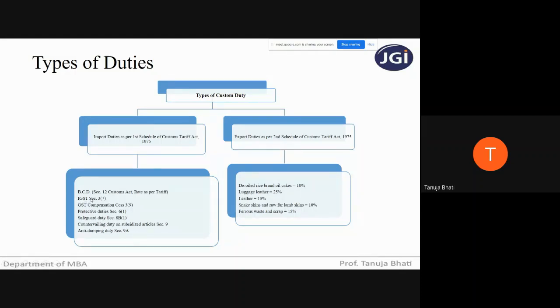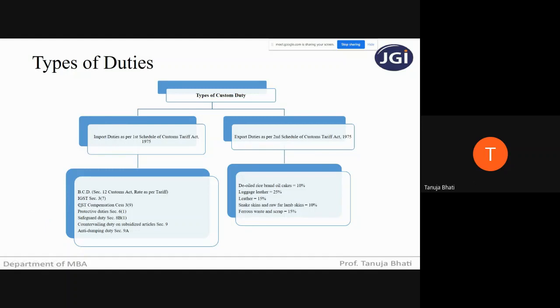People would start importing rather than purchasing from domestic industries, since in domestic industries GST is charged. So what the government did, in order to curb imports, is charge IGST on the goods that are being imported at a rate.